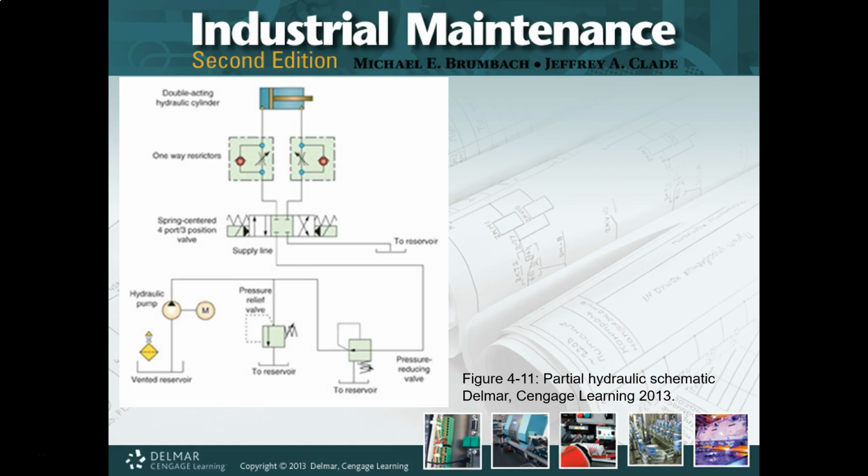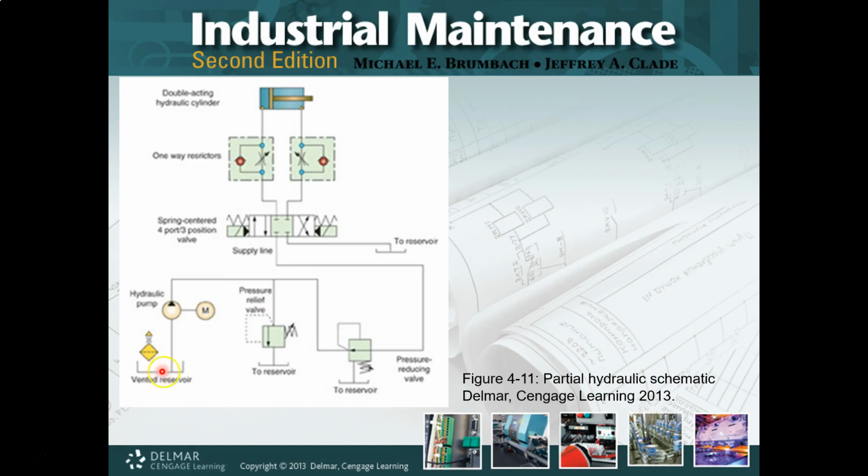So this is a really brief drawing of a hydraulic system. We've got over here the heart of our system, which is our hydraulic pump. And what it's really not showing is, well, it kind of is.